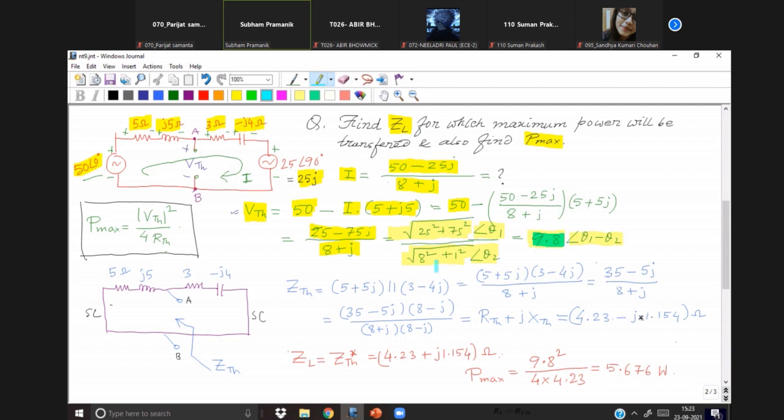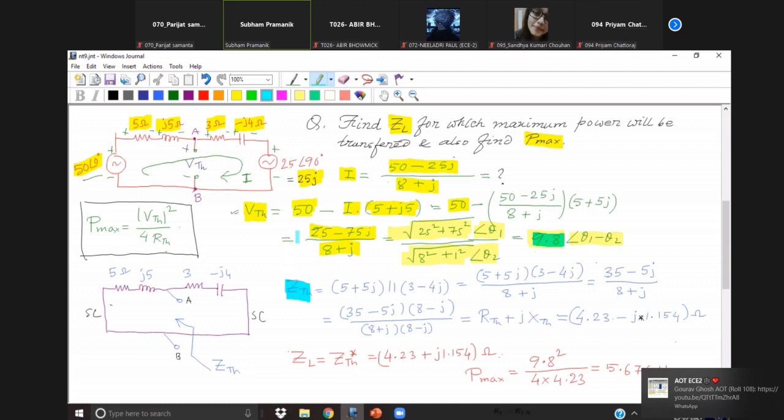The next thing is we need to find the Thevenin equivalent impedance, ZTH. You know how to do that? Impedance ZTH is the impedance seen from the terminals, keeping all the independent sources deactivated or replaced by their internal impedances. Voltage sources will be replaced by short circuits, as you can see here.